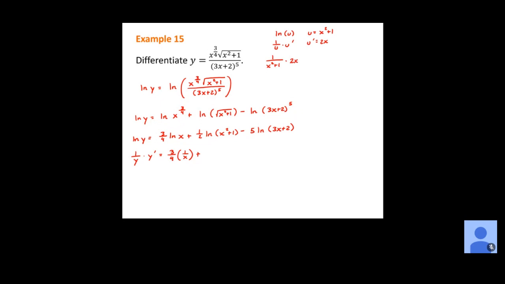And again, if you can do that work in your head without actually writing out the u substitution piece, that's perfectly fine. So I'm going to keep the 1/2, multiply that by 1 over x squared plus 1, and then that gets multiplied by the derivative of the inside, which is 2x. Any questions on that term?